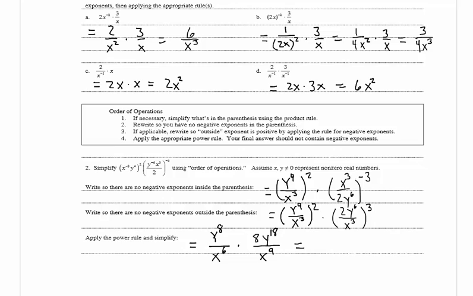So we have y to the 8th times 8y to the 18th, and that's going to give us 8y, and now we have 8 plus 18 is 26, divided by x to the 6th times x to the 9th is equal to x to the 15th. And that's our video on putting the rules together, part 2.